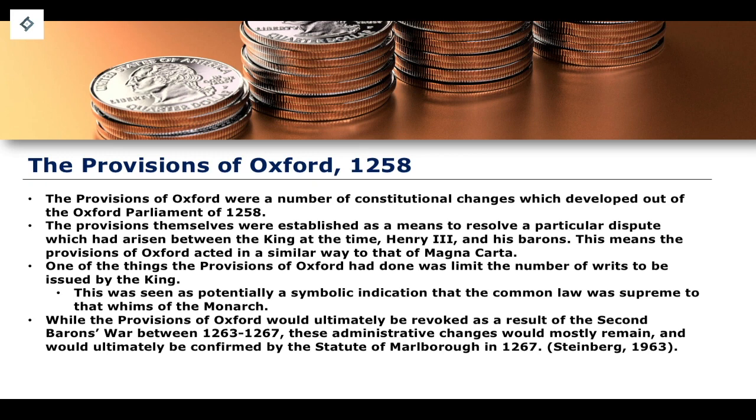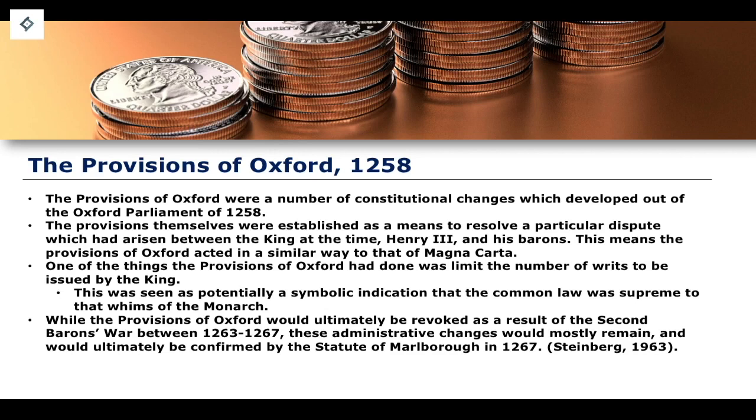So ultimately, we can see that the Provisions of Oxford would be revoked as a result of the Second Barons' War between 1263 and 1267, but the thing that is important for us, again, is that even though the Provisions of Oxford would ultimately be revoked when King Henry wins this Second Barons' War, the administrative changes that had been implemented from 1258 would remain pretty much the same, and then would ultimately be confirmed by a further piece of statute, which is the Statute of Marlborough from 1267.